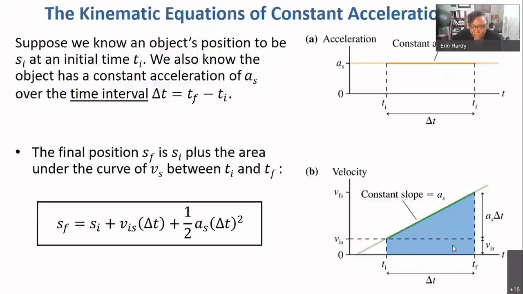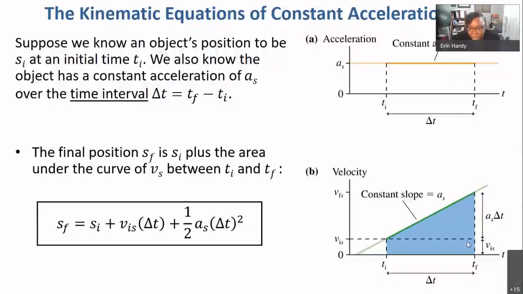If we were to calculate the area below each one of these curves, for the dotted rectangle that's marked off, it's as simple as taking v initial in the s direction times delta t. That gives us a change in position, because that's a velocity times a time interval.